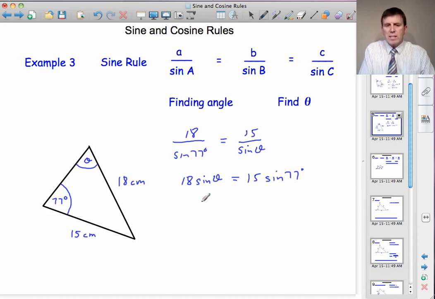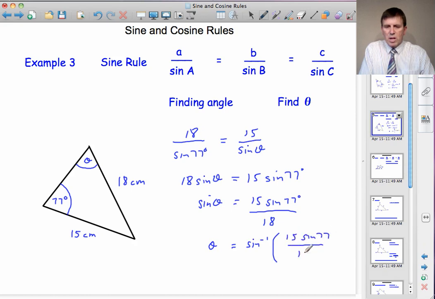Right, so now let's get sine theta on its own. Sine theta is equal to 15 sine 77 degrees divided by 18. So theta is sine to the minus 1 of this expression here, 15 sine 77 divided by 18.